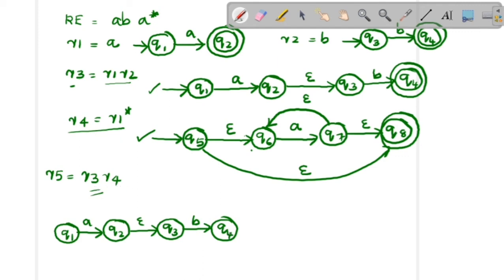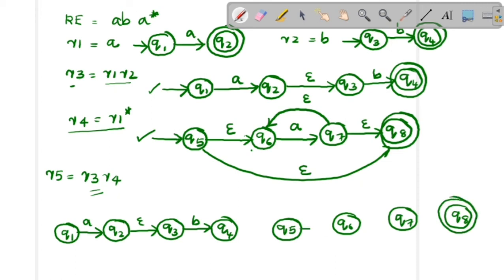So here Q4 became a normal state, then Q5, Q6, Q7, Q8. Okay, so here it is epsilon transition, here also epsilon transition, here A transition, Q7 to Q6 epsilon transition, Q5 to Q8 epsilon transition.